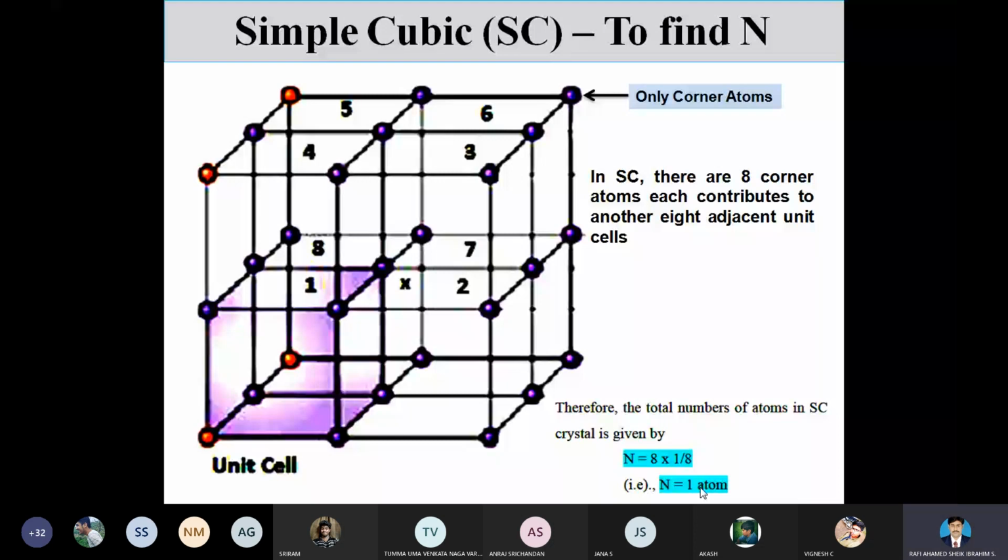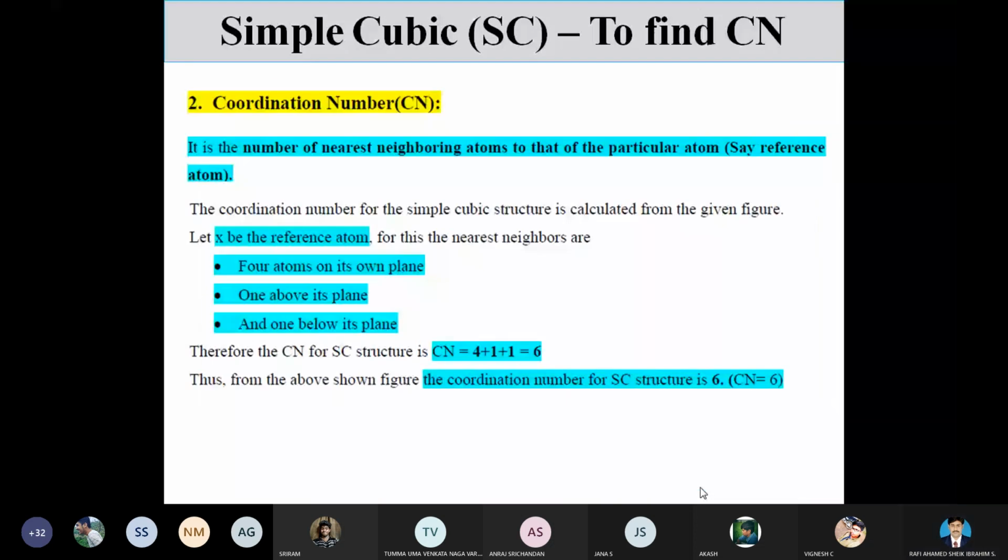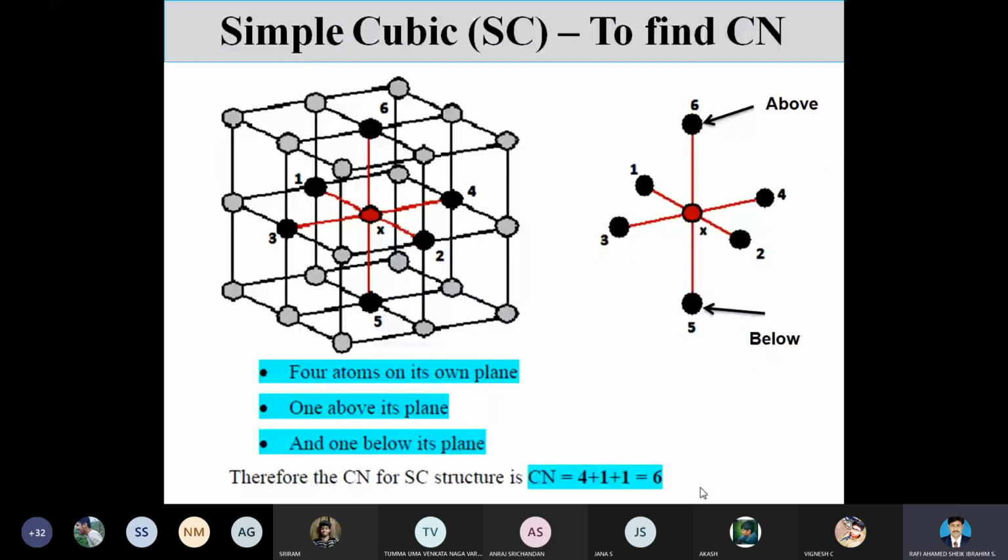The second parameter is the coordination number. The definition of the coordination number is the number of nearest neighboring atoms to a particular atom, say the reference atom. So here also we are going to consider a structure. See the structure, I have taken a simple cubic crystal structure here. From the structure, we can see only the corner atoms, not any additional atom.